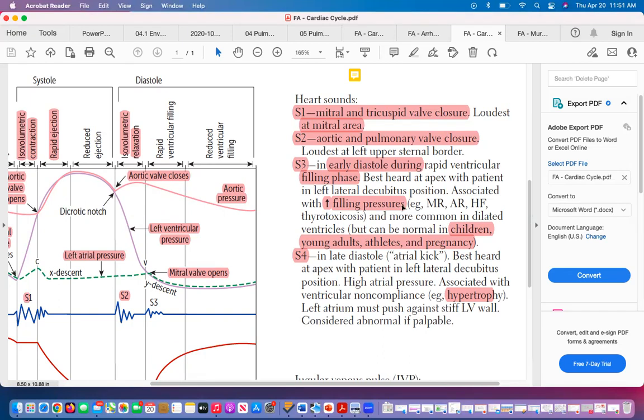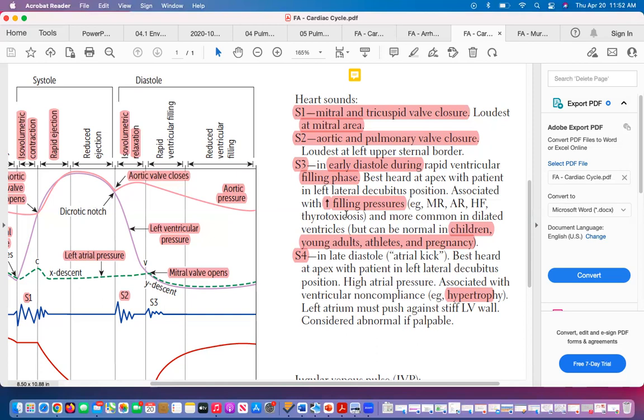So let me clarify that a little bit. For example, in a person who is pregnant, because the heart is bigger and the volume of blood is higher, the blood, as it's filling the ventricle, hits the ventricular wall at a very fast rate, and that is why we hear the S3 sound.